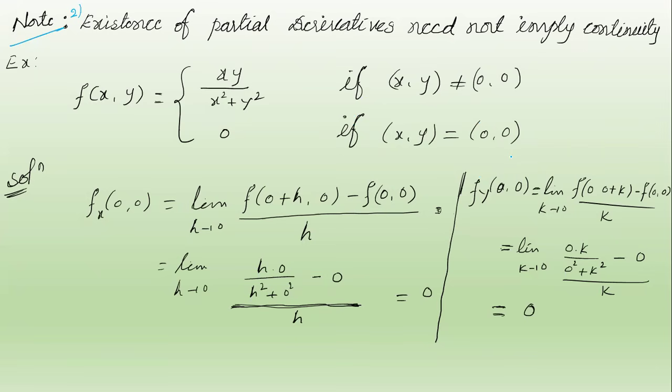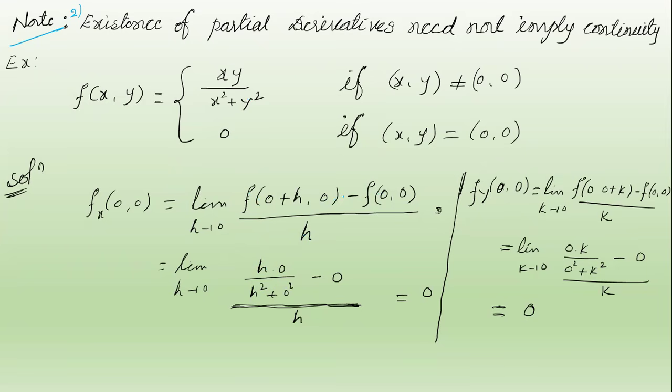Now, the partial derivative of f with respect to x at a b, here 0 0, is the limit as h tends to 0 of f of 0 plus h comma 0 minus f of 0 0, divided by h. This is the definition. Now, putting h in place of x and 0 in place of y, we get 0 divided by h square plus 0 square.